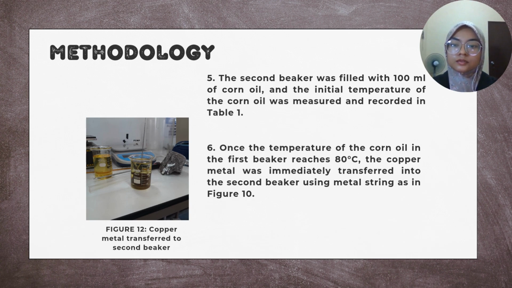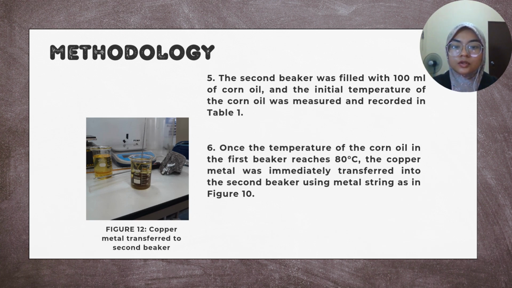Next, while waiting for the corn oil bath to reach 80 degrees Celsius, we filled the second beaker with 100 millilitres of corn oil, and then the initial temperature was measured and recorded in table 1.